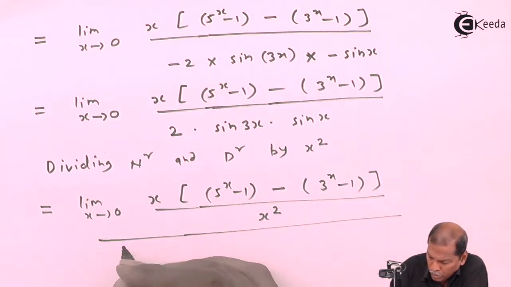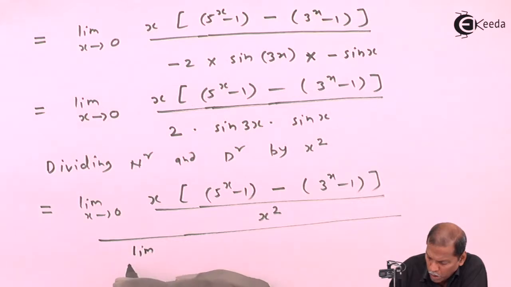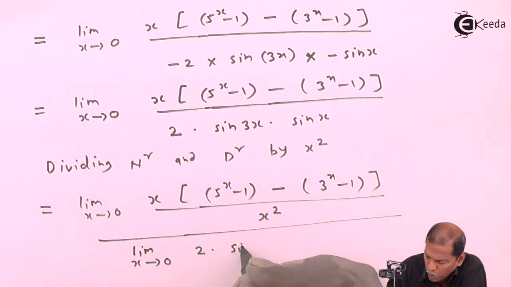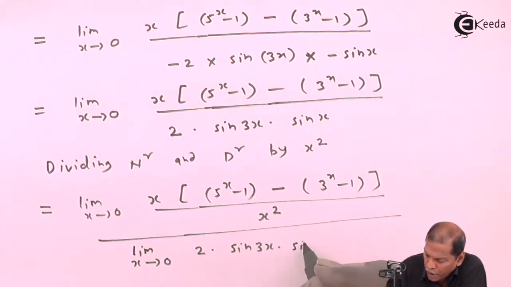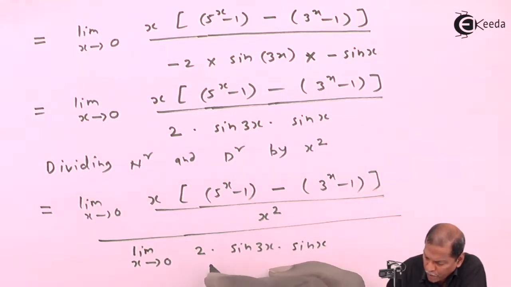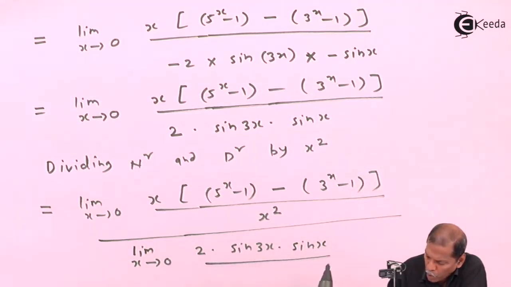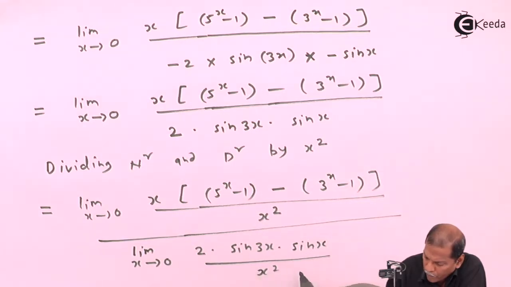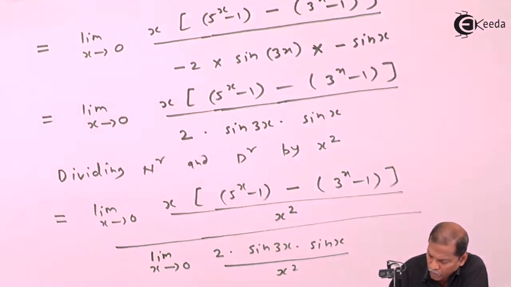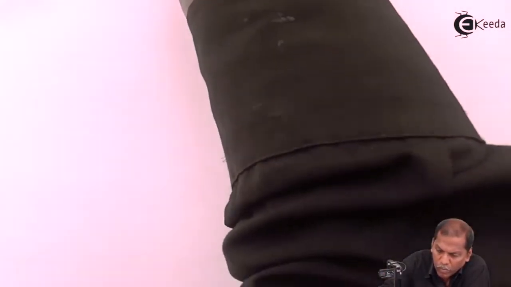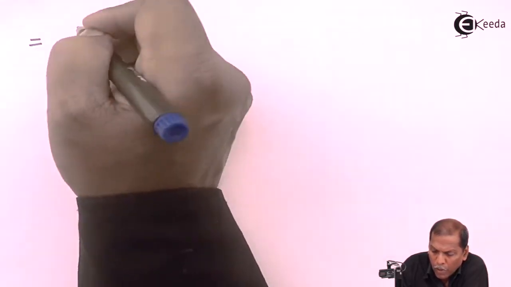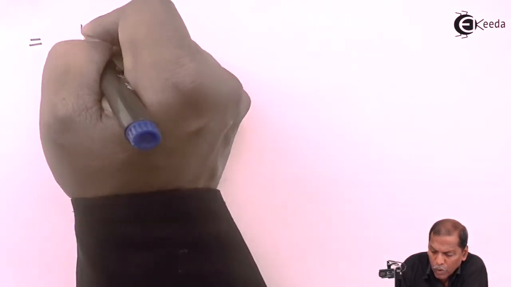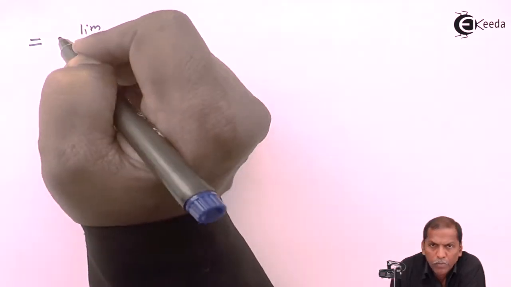upon limit x tends to 0 of 2 into sine of 3x into sine of x, whole thing divided by x square. So is equal to limit x tends to 0.